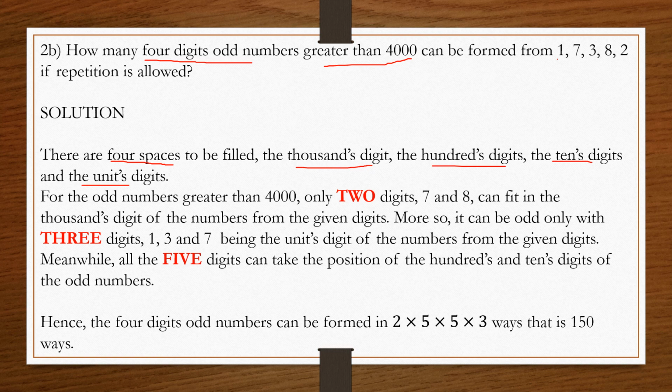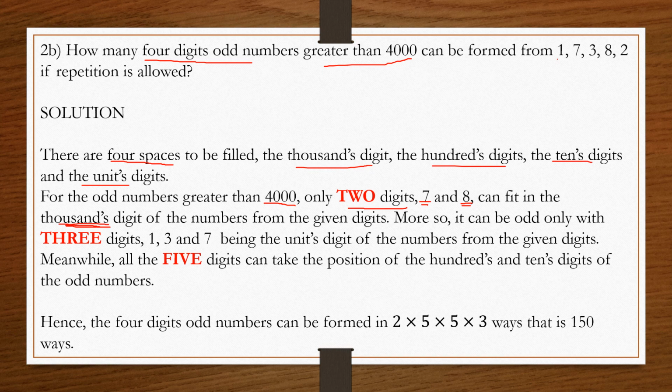If we have 8, it will be greater. If we have 2, it will be less. So we have 2 digits, 7 and 8, that can fit for the 1,000 to be greater than 4,000. So we have 7 and 8 only.